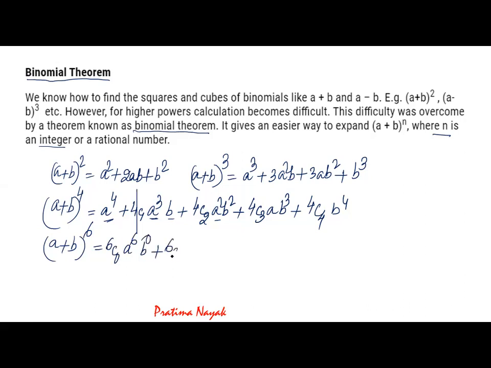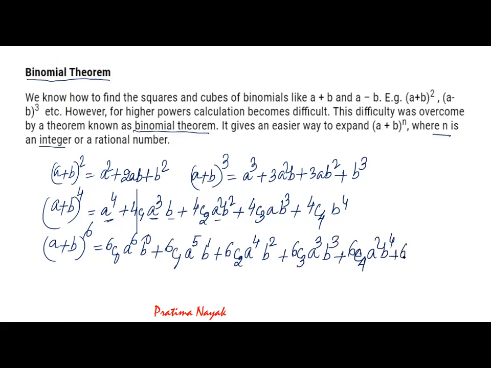Then next 6C1, a will be less by 1 and b will be increased. 6C2 a^4 b^2, 6C3 a^3 b^3, 6C4 a^2 b^4, 6C5 a b^5, and last is 6C6 a^0 b^6. So these are known as coefficients.